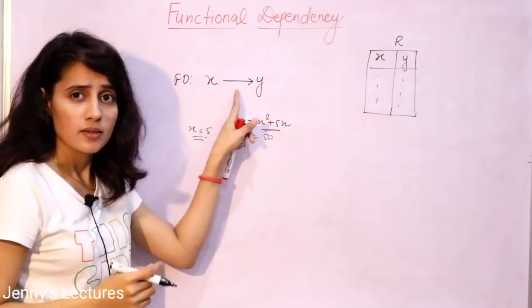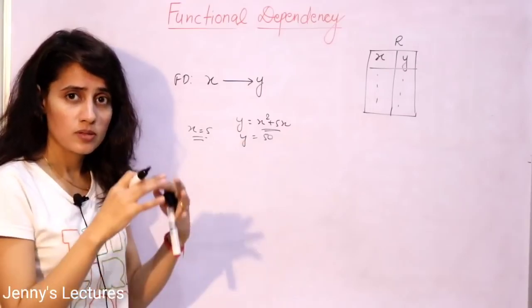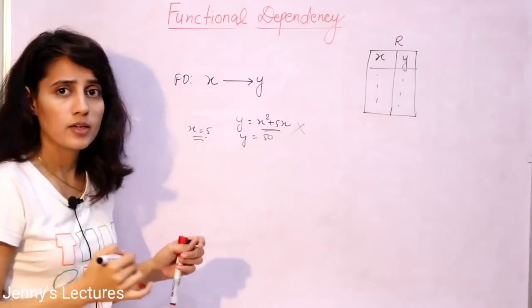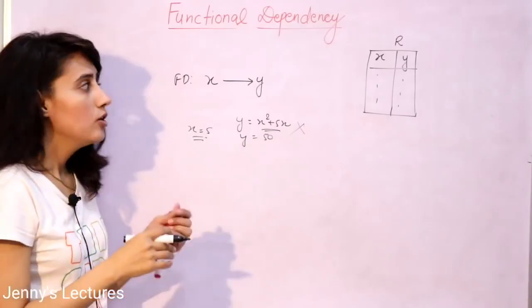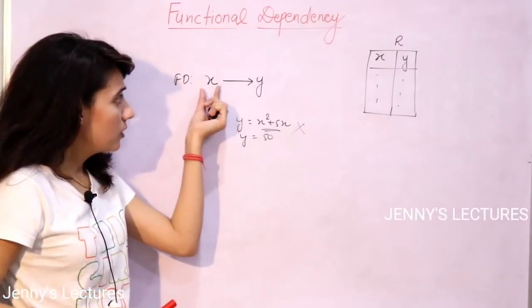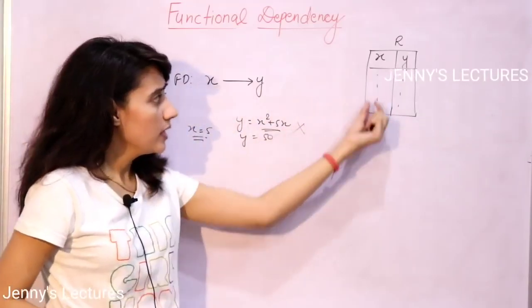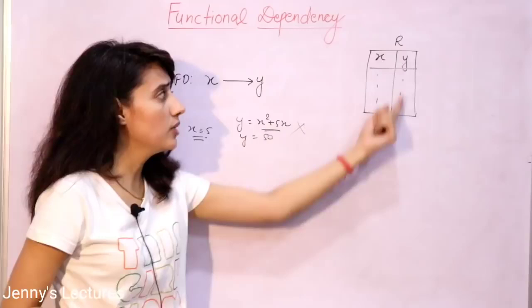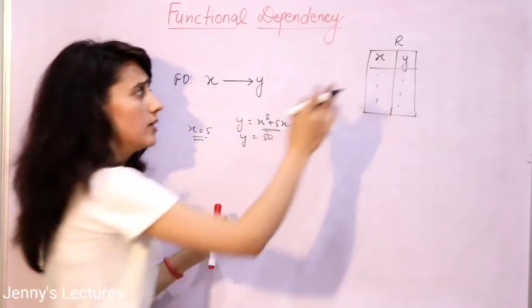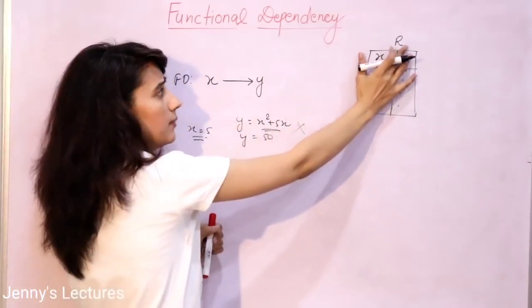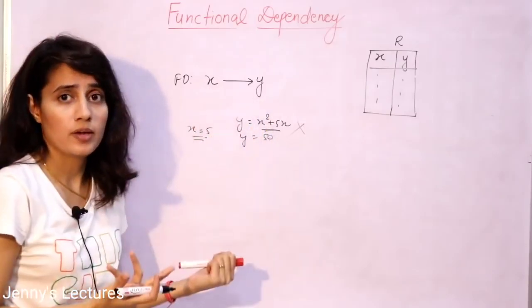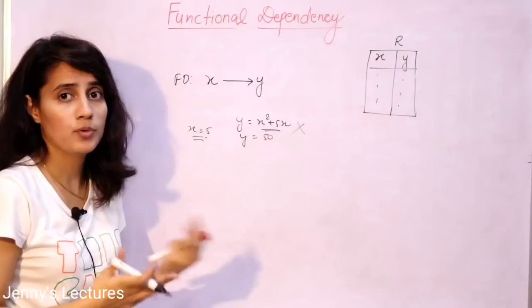But here, in the case of DBMS where I am discussing functional dependency, this is not the case. Here I just give you the value of x, and you can search the value of y from the table. It's not that you don't have any table and I tell you the value of x and you tell me the value of y by calculating something.